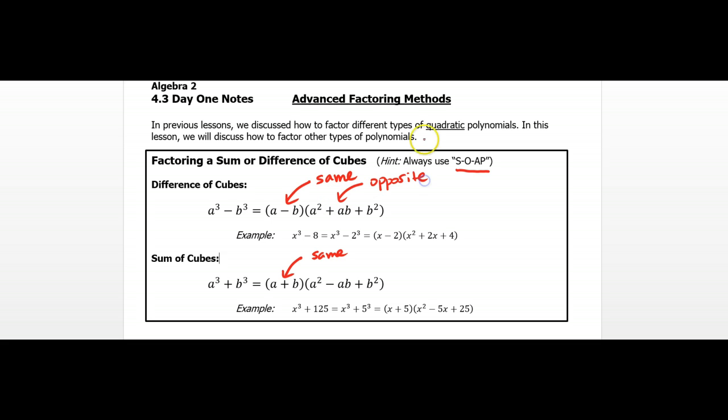So in a difference of cubes, this sign right here is a positive, and in a sum of cubes, this sign right here is a negative. So it's always opposite. And then the last sign in your trinomial, no matter what, is always positive. So in a difference of cubes, that last sign is positive, and in a sum of cubes, that last sign is always positive. So if you remember your SOAP, same, opposite, always positive, then you're going to get your signs correctly.